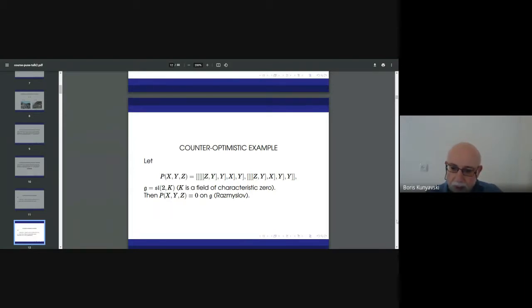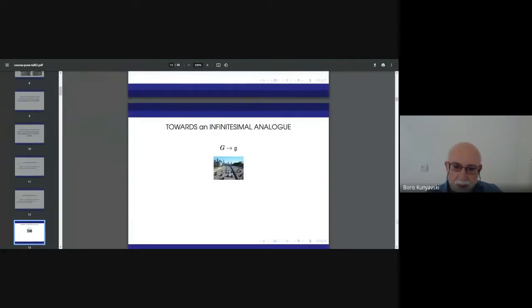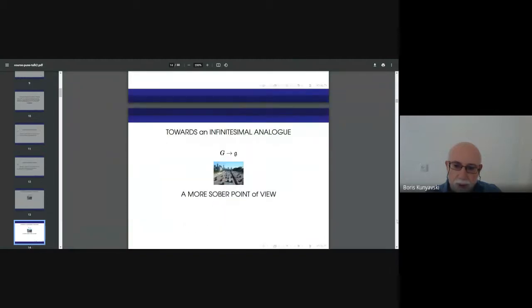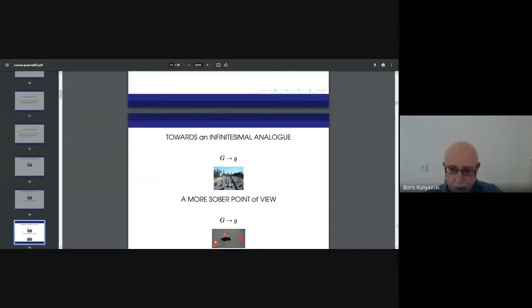But after, say, cooling down, we can take a more sober view of this situation, which could be illustrated as follows. It's not a highway because this road contains a sort of potholes.